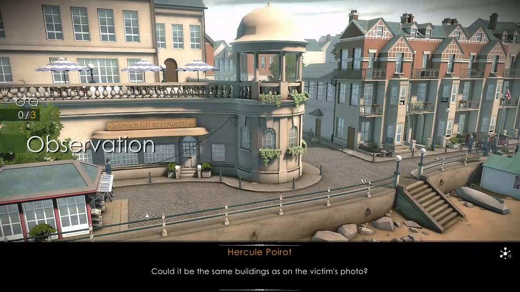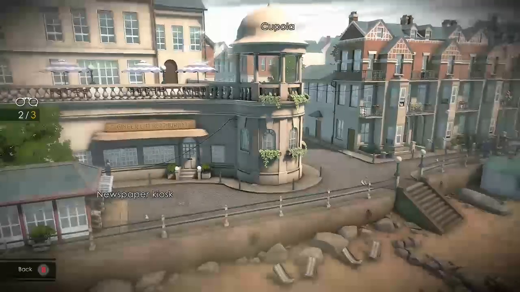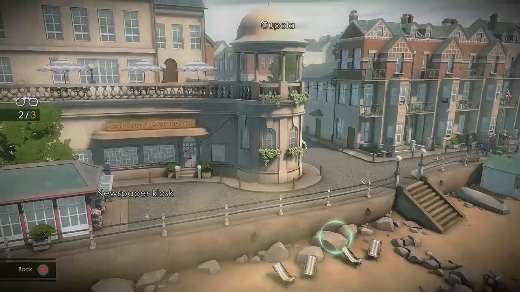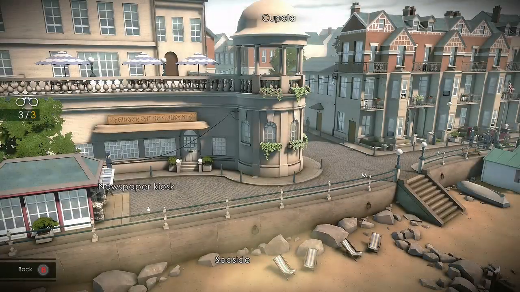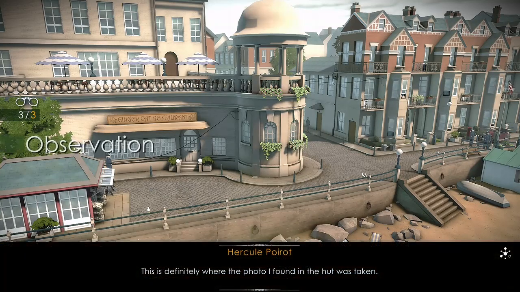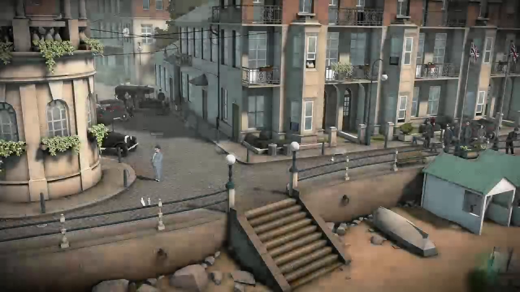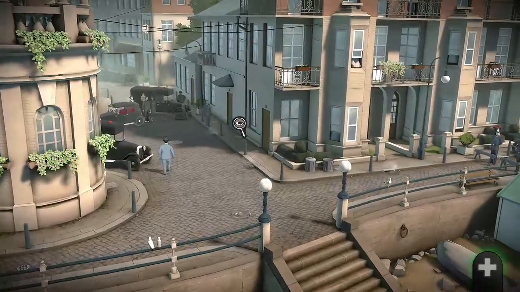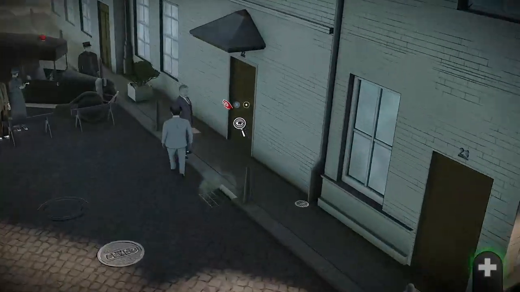Could it be the same buildings as on the victim's photo? Cupola. This is definitely where the photo I found in the hut was taken. Right, so where are you? To Betty's house. If in doubt, follow Hastings.